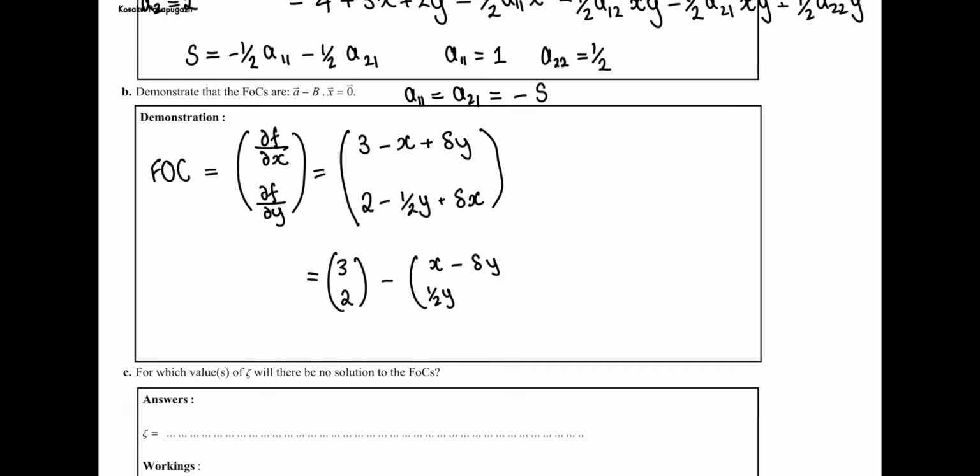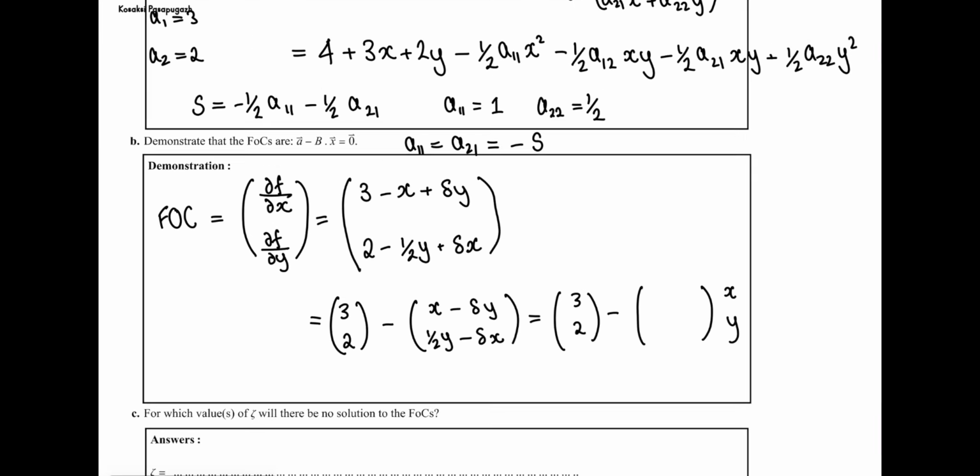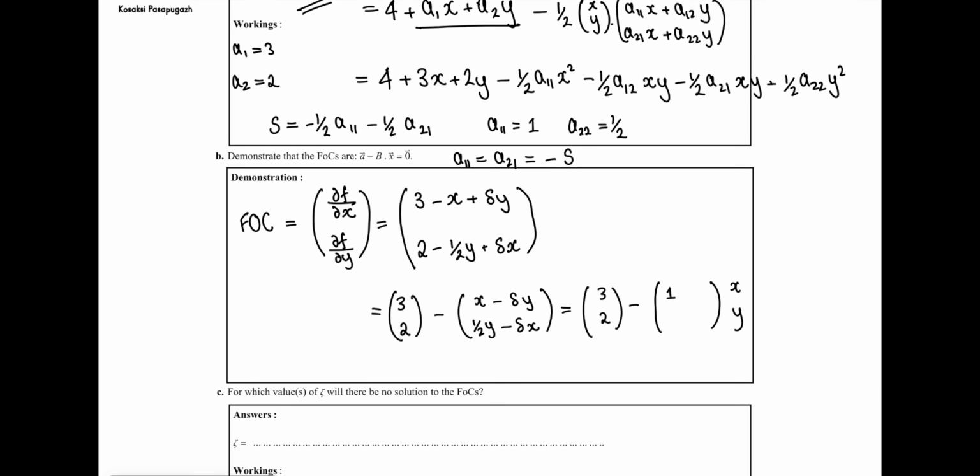We will then write 3 over 2 minus, if I take out the x, y, we get on the top 1 minus 1 and minus s. And then at the bottom, if I swap these around, we get minus s and then a half.